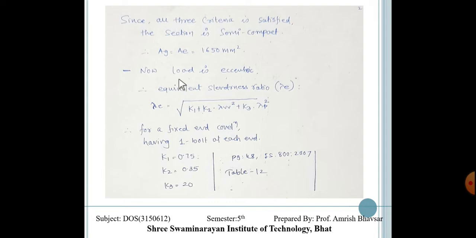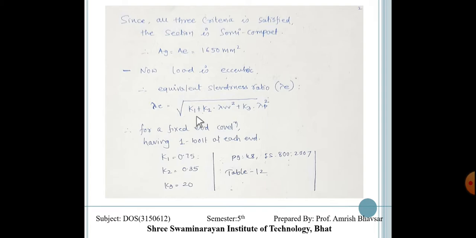Now the load is eccentric, as we discussed, so the equivalent slenderness ratio must be taken. That lambda E is given on page number 48 of IS 800 2007, and the values of K1, K2, K3 are given in Table 12 on that page. So lambda E is equal to the square root of K1 plus K2 into lambda vv square plus K3 into lambda phi square.